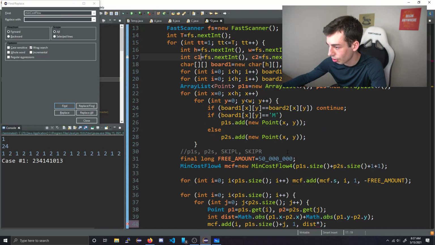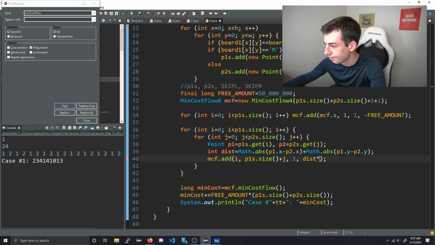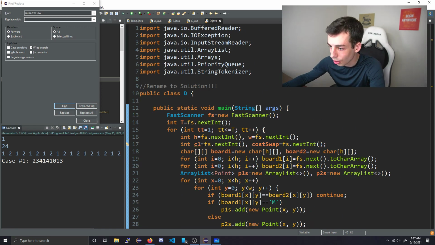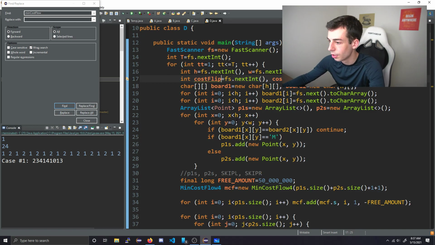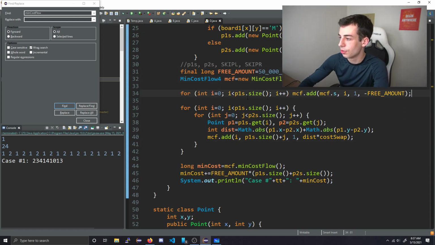Swapping, so cost 2. Cost flip. All right, yeah, we have each of those. Okay, so this is the source.